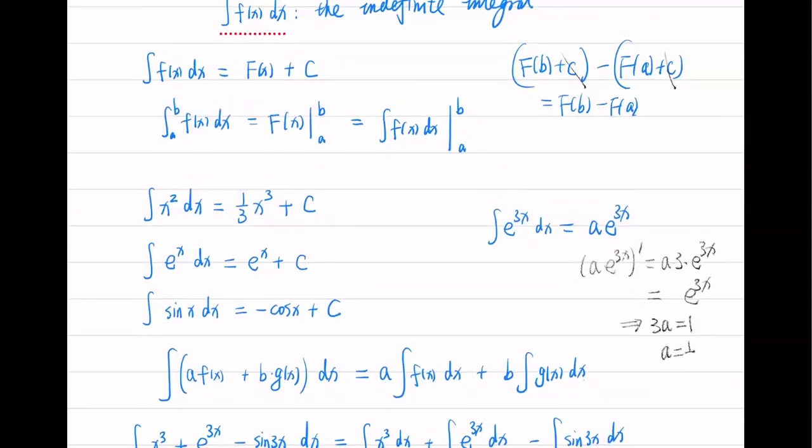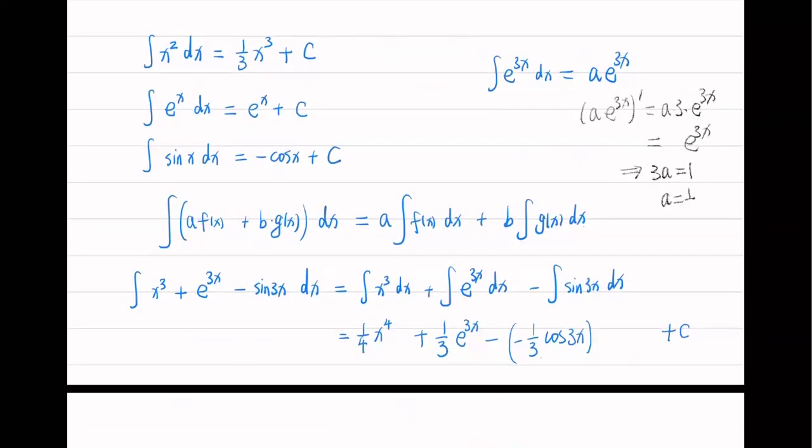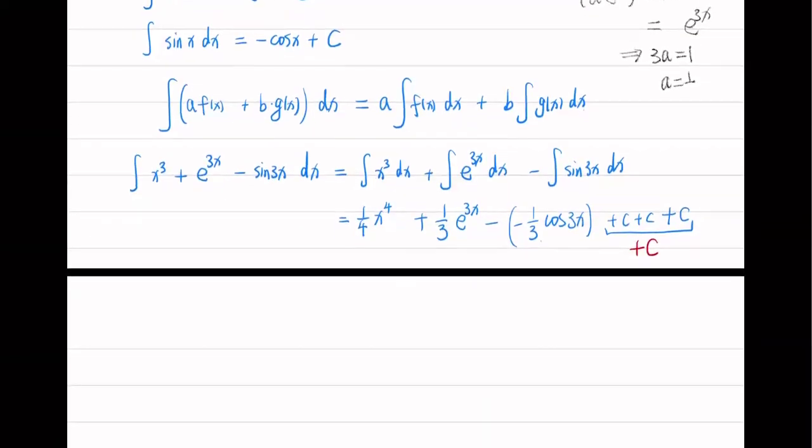So what is this C? It stands for integral constant. So there's 3C over here. We can use one integral constant. Okay. So this will be the integral.